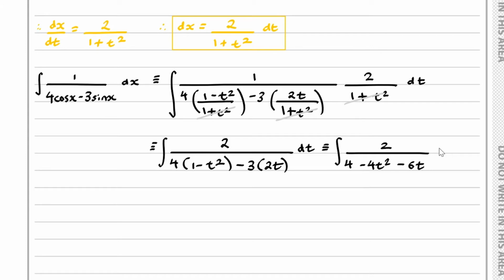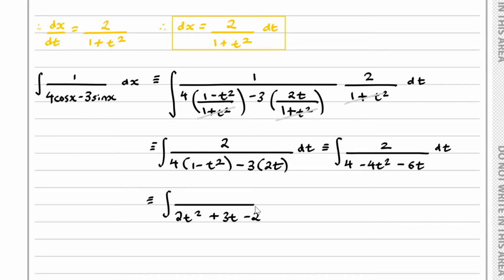On the top we have 2. So dividing the top and bottom by minus 2, we have 2t squared plus 3t minus 2 on the bottom.